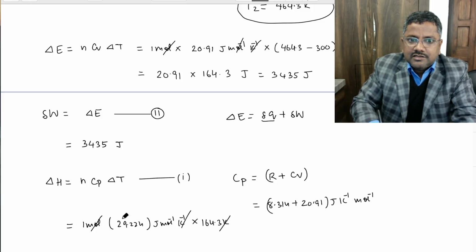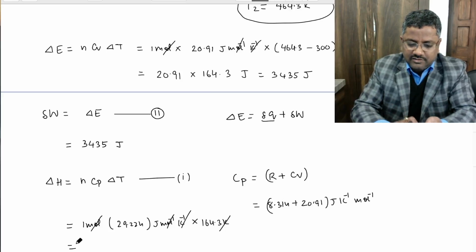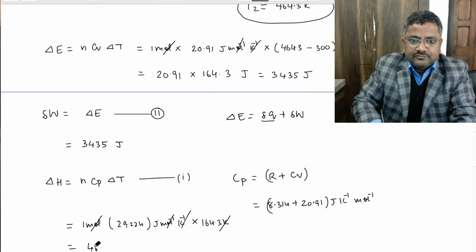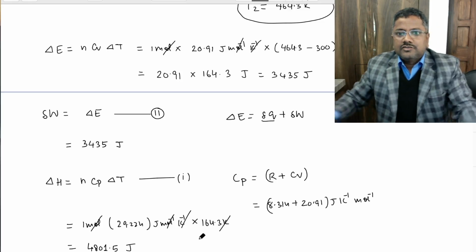The units cancel. So multiplied by 164.3, this gives 4801.5 joules.